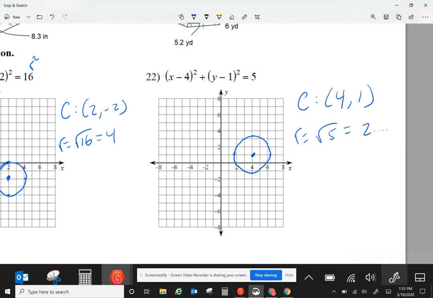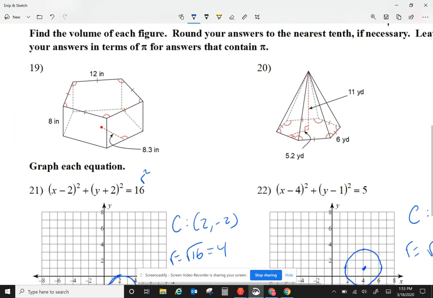Now, on Tuesday and Wednesday, we saw volume. So when we have a prism, that means I have the base twice. Volume is the area of the base times the height. In this case, the base is a polygon, and I'm going to go 8.3 for the apothem. Each side is 12. There's 6 of them.